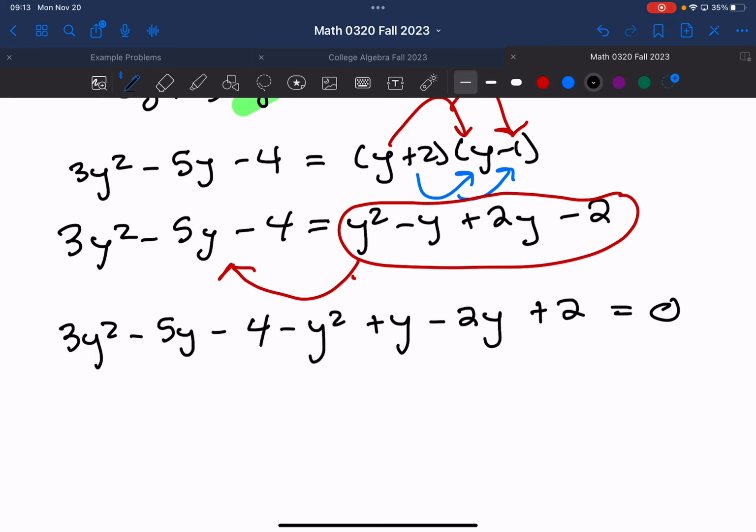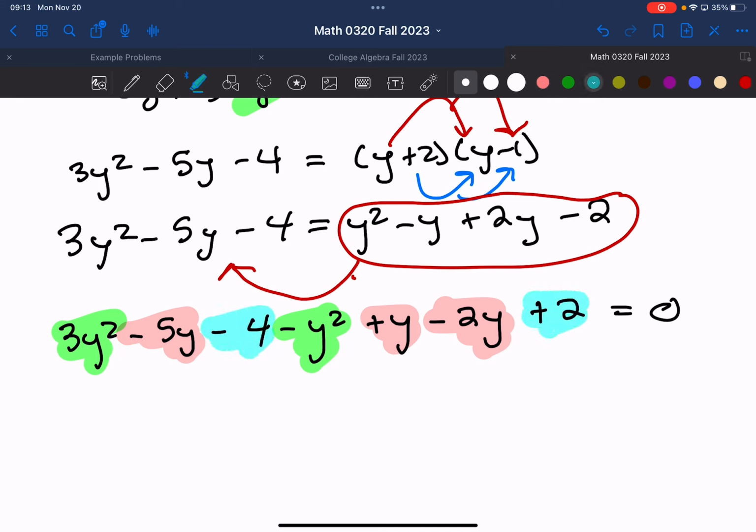Now that I have it all equal to 0, what should I be doing to the left side now? Combining like terms. So I have a 3y squared and a negative y squared, a negative 5y, a positive y, and a negative 2y, and a negative 4 and a positive 2. So I'm going to combine all those. So I have 2y squared minus 6y minus 2 equals 0.